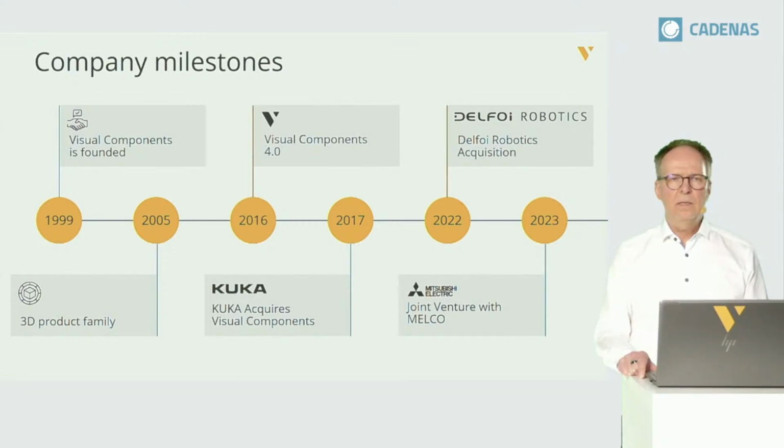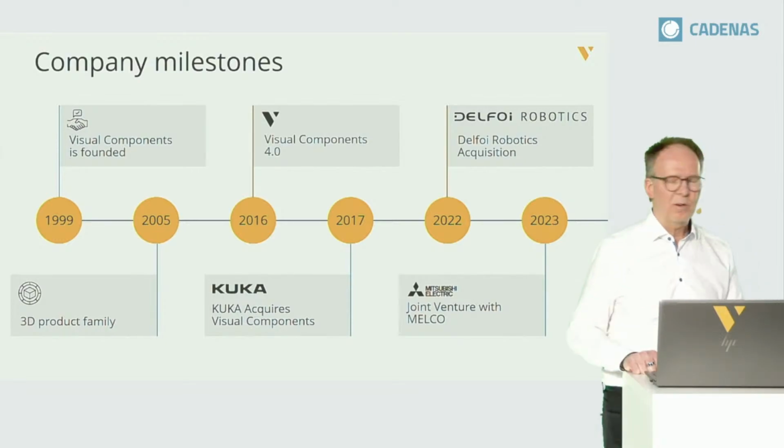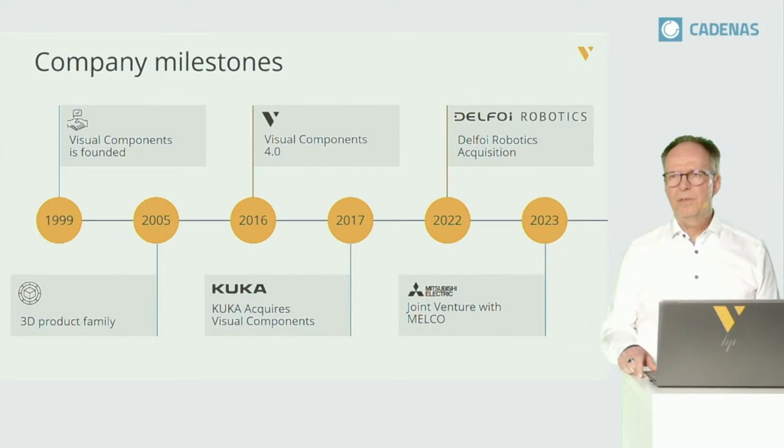In 2016 we released our new release 4.0. Right now we are at release 4.10, and I can tell you that this year, around the Automatica trade show, we will announce our new release, which will have a 5 in front. So we will go to release 5.xx.